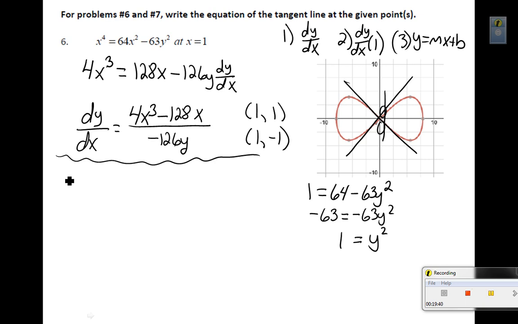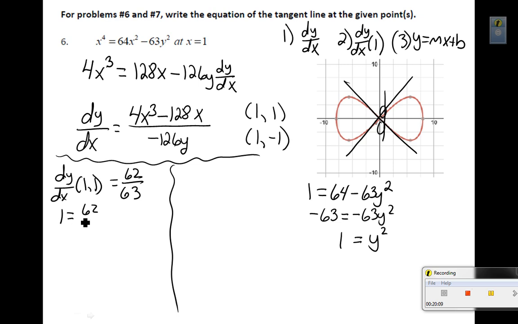So here goes. Let's evaluate dy/dx at the point (1, 1). And when I ran it through, I had 62/63. So that's my slope. Now let's use y equals mx plus b. So I've got 1 equals 62/63 times 1 plus b.